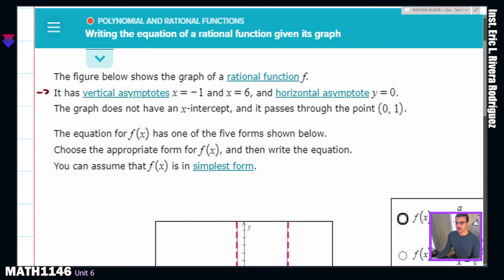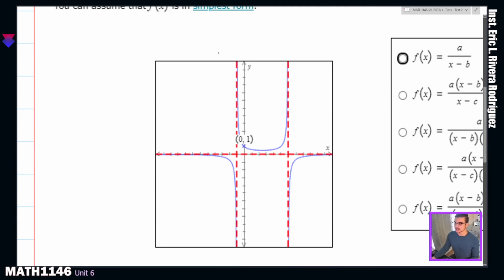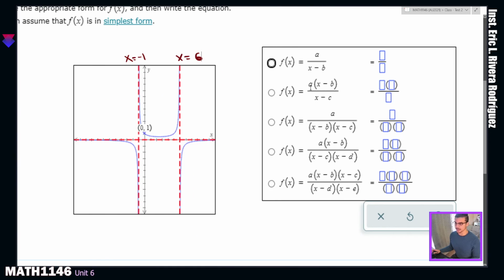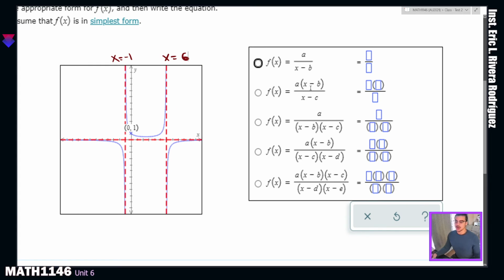Okay. The first thing that we have is that there are vertical asymptotes. Those vertical asymptotes are located at -1 and 6. So here we are seeing 2 vertical asymptotes, and those 2 vertical asymptotes are -1 and +6, sorry. Okay, what can we get from just that piece of information?